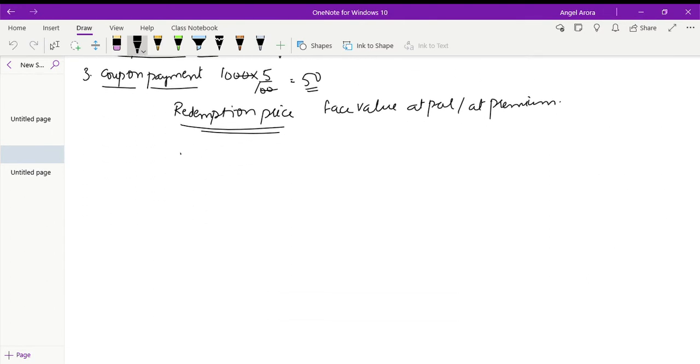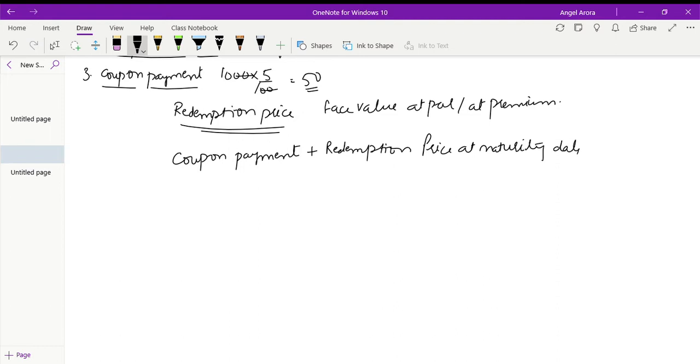So cash flows for the bondholders are coupon payment plus redemption price, which can be face value of the bond at par or at premium. And he gets these coupon payments at regular intervals. So these are cash flows for the bondholder.